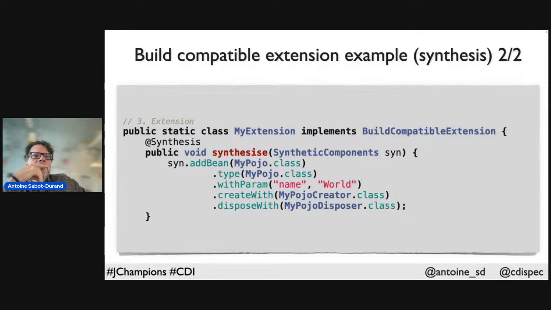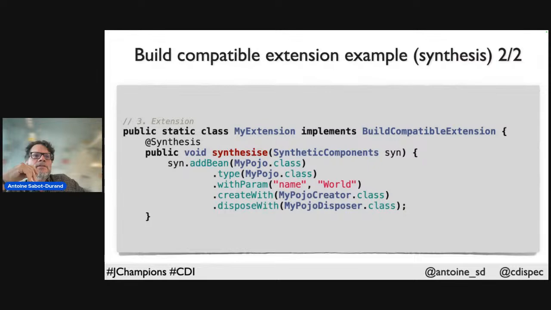My bean is coming from my Pojo class. I can define a bunch of types for this bean. So here it's only my Pojo, but I could have had some interface related to my Pojo or stuff like that.